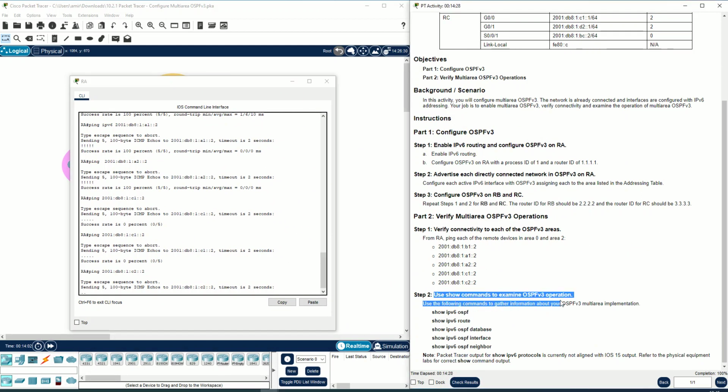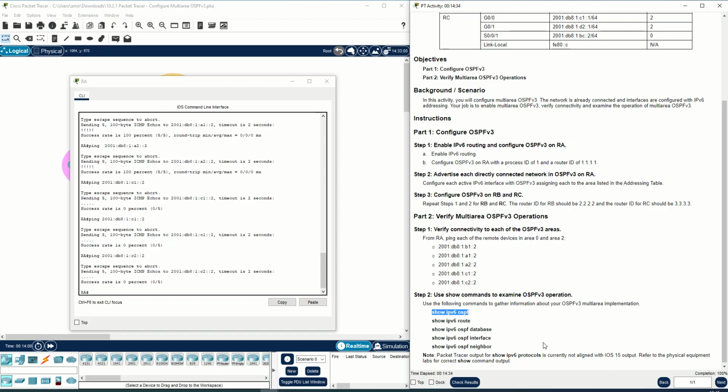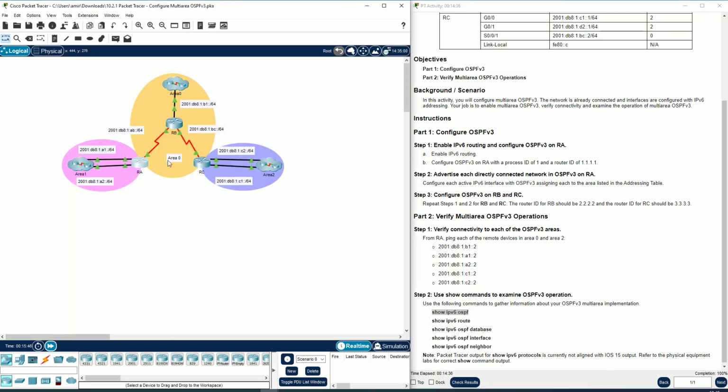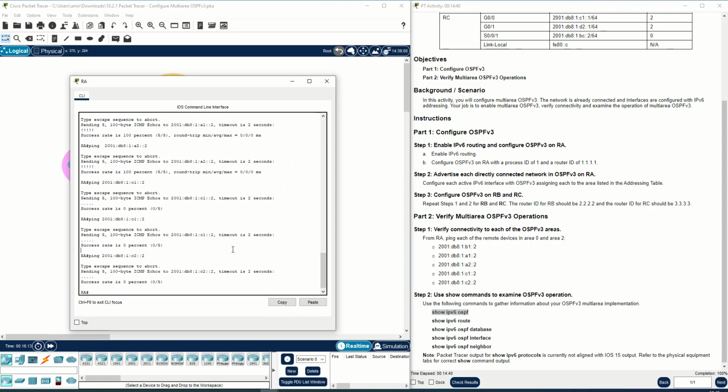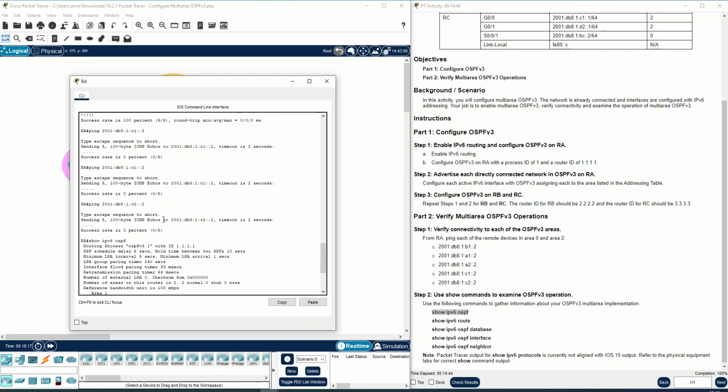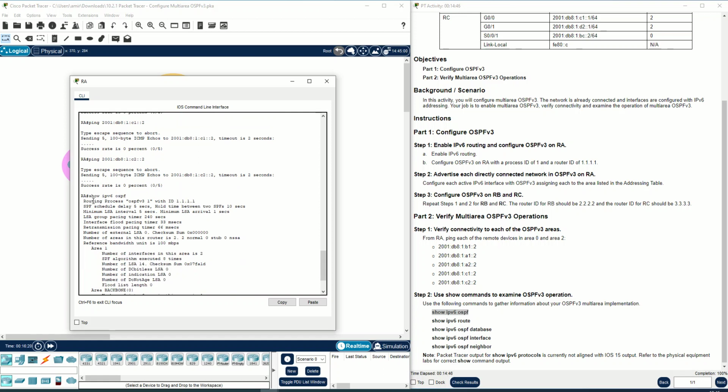Use show commands to examine OSPFv3 operation. Show ipv6 ospf. Here you can see some information about RA.